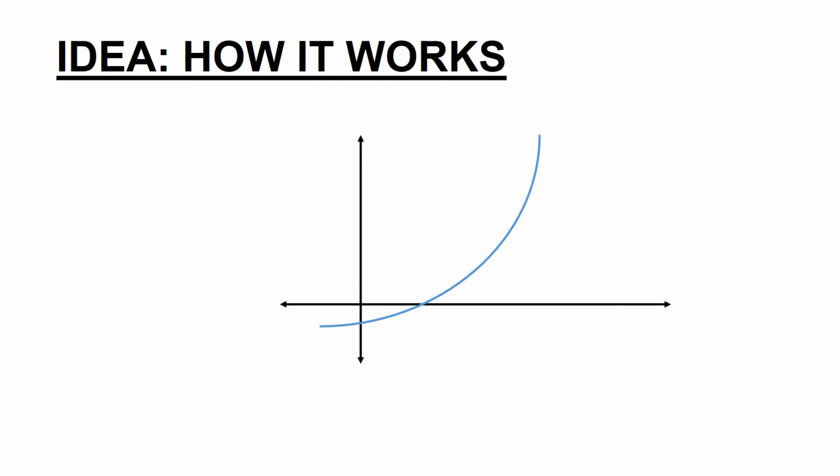So the main idea is that you just assume there can be any curve. Of course, if there is a non-linear function, then there will be a curve. And if that curve is intersecting the x-axis, then you can simply say that this is your root.